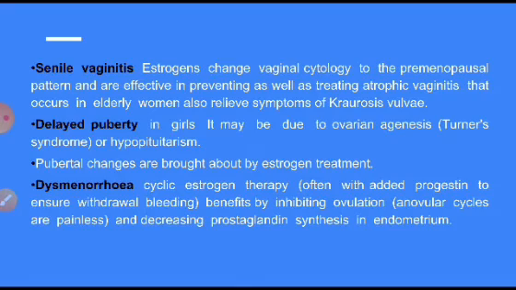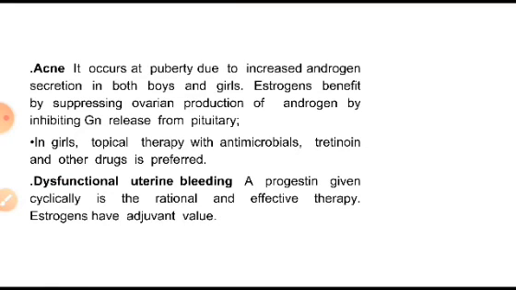It's also used in senile vaginitis, for delayed puberty, and for dysmenorrhea. It's used for acne. It occurs at puberty due to increased estrogen secretion in both boys and girls.